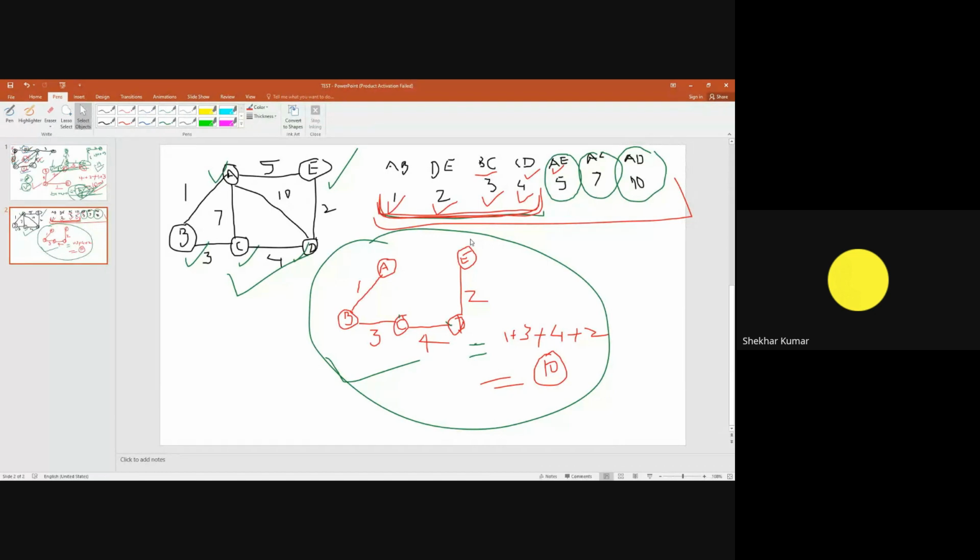So the basic concept of Dijkstra's algorithm is that it begins at the source node. From the source node, it examines the graph to find the shortest path between that node and all the other nodes in the graph. For example, you are traveling from one city to another city.